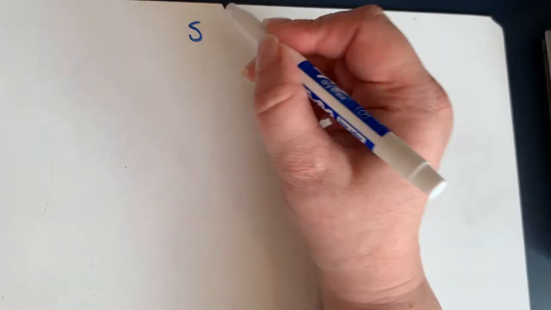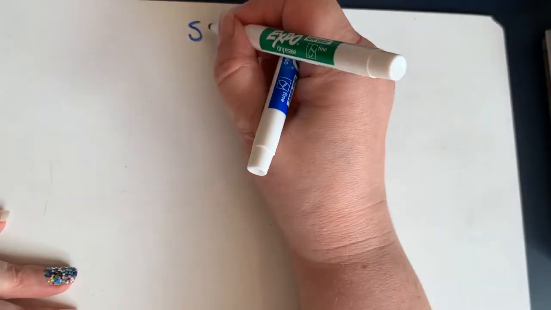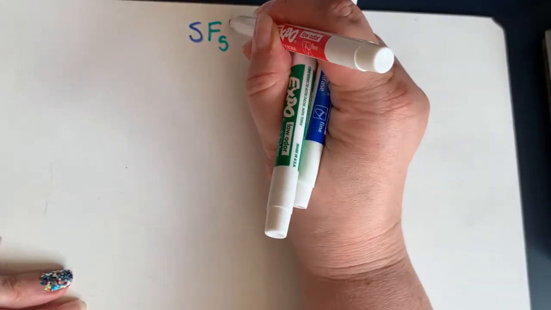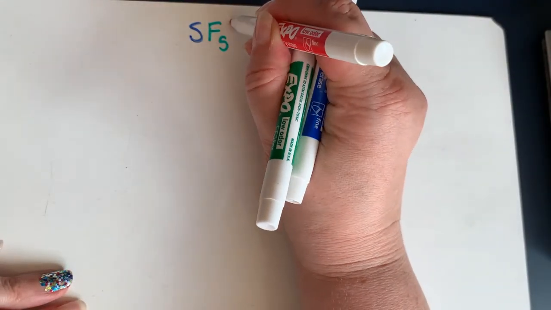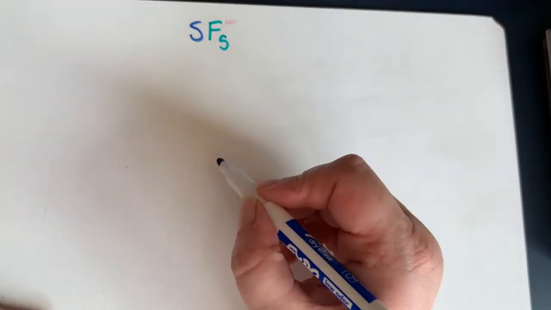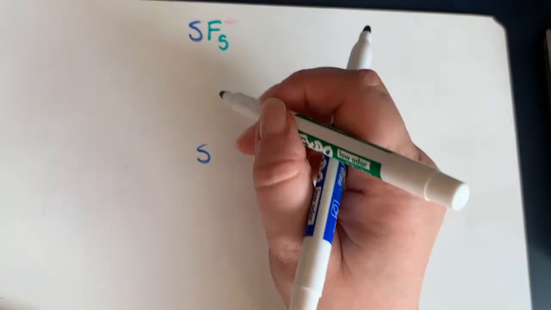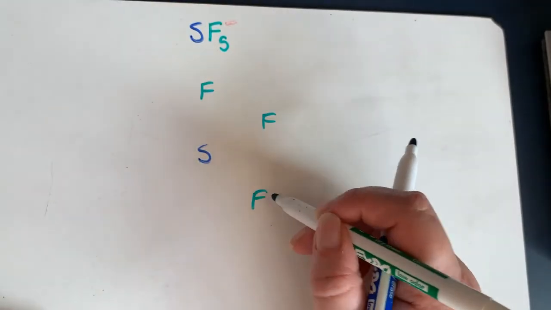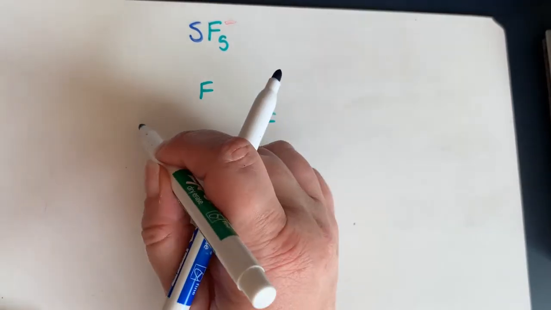The last one I'm going to have a look at is the SF5 negative ion. Hopefully you can see that pink. Okay, so we'll pop our sulphur in the middle, as we've been doing, our central atom in the middle, and 5 fluorines just spread round about.